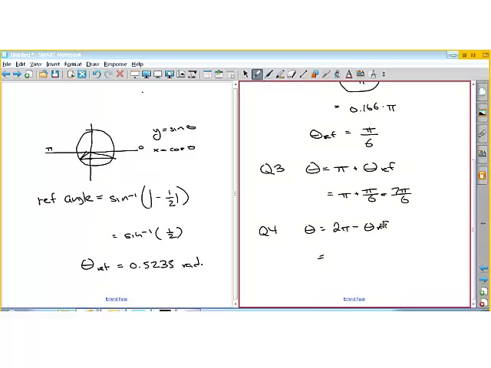So that means you get 2 pi minus pi over 6, and that's 12 pi over 6 minus 1 pi over 6, and that leaves 11 pi over 6. So these are the two answers which do match up with the graph in this problem.